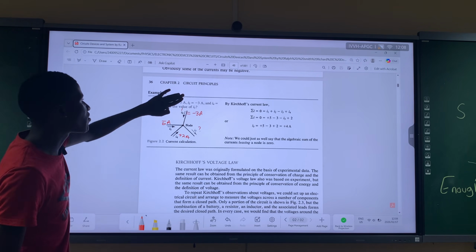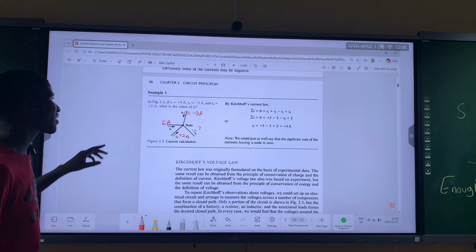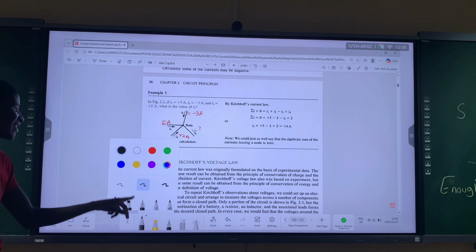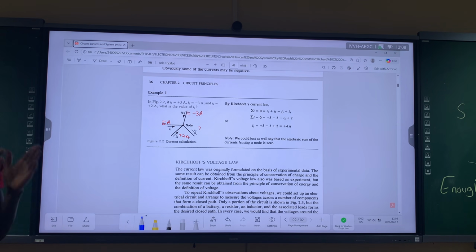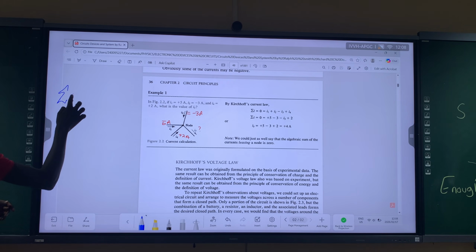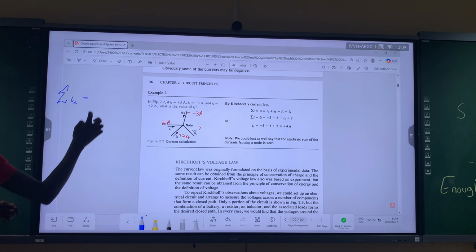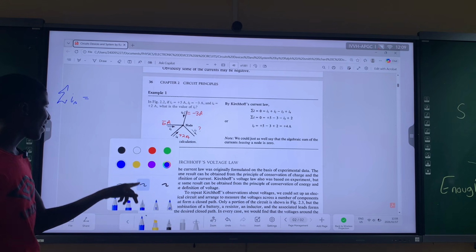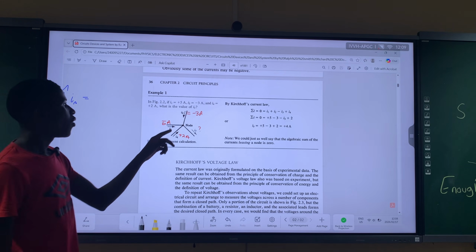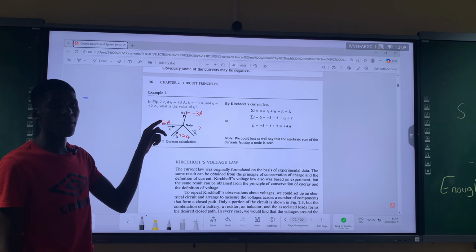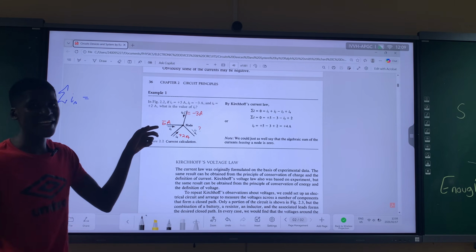So when you are doing Kirchhoff's current law, make sure that you follow the principle. The currents entering, you make them positive. The ones leaving, you make them negative. So here, you say the total current through this node is equal to what? You're going to add up. Current I1, is it entering or leaving?